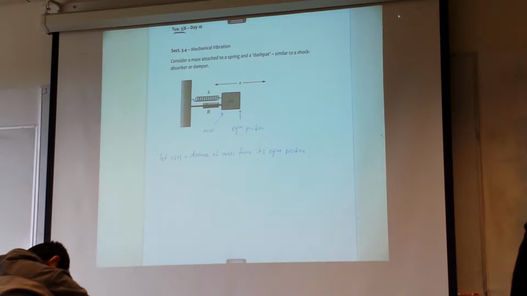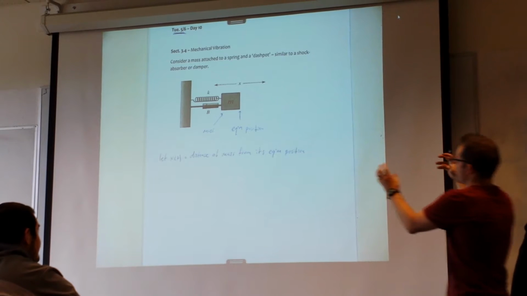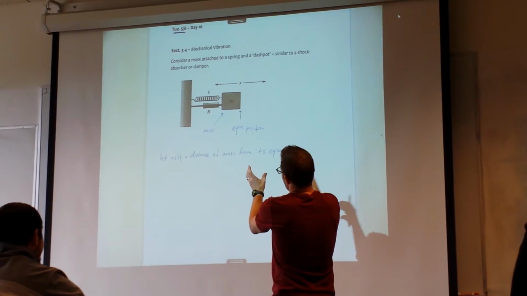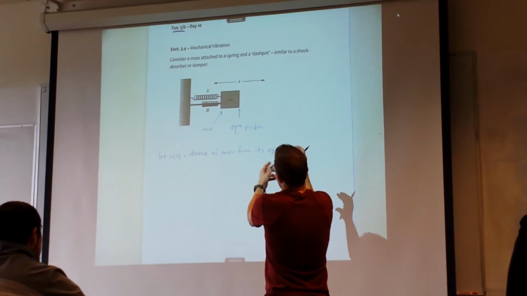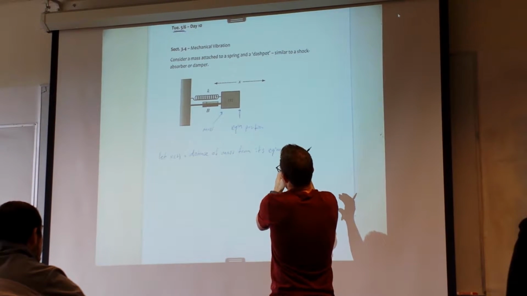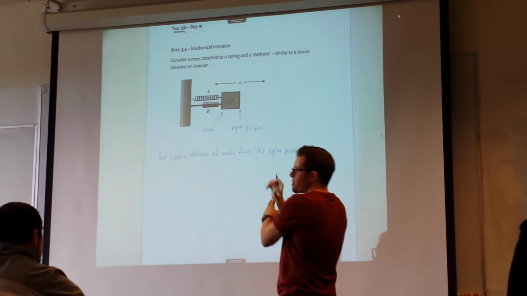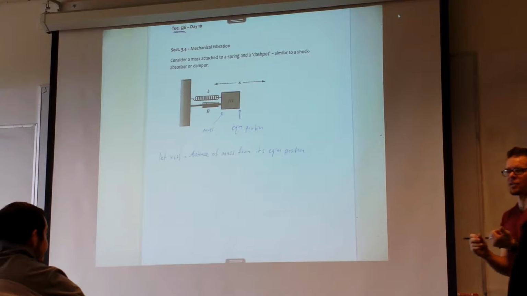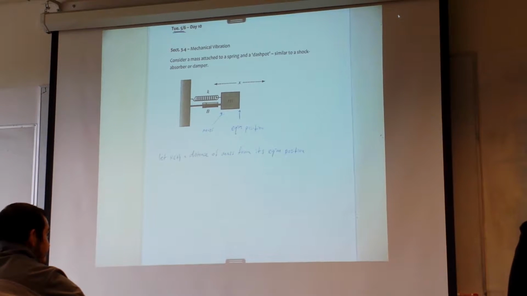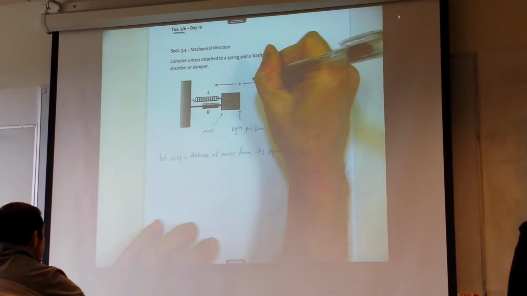So there's a way to distinguish whether the spring is stretched or compressed, because if it's 1 centimeter or 1 inch to the right versus 1 inch to the left of equilibrium position, we want to distinguish that and not just say x is equal to 1, right? So we assign a sign.